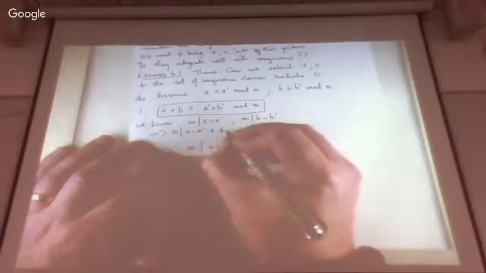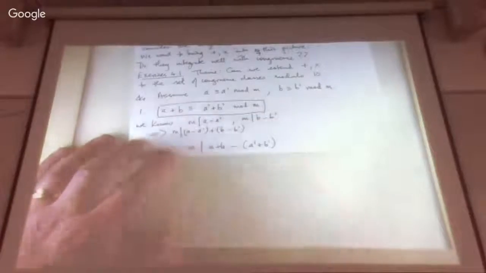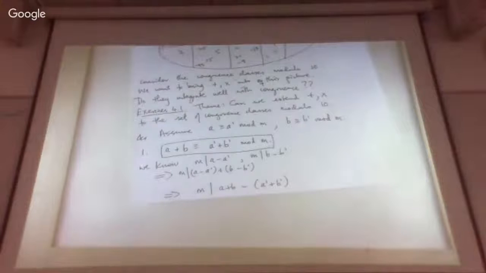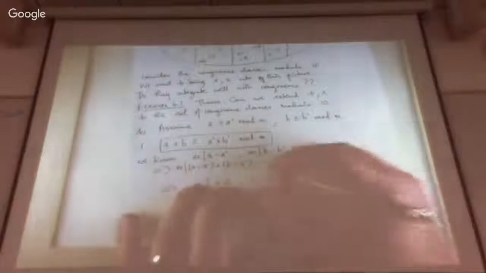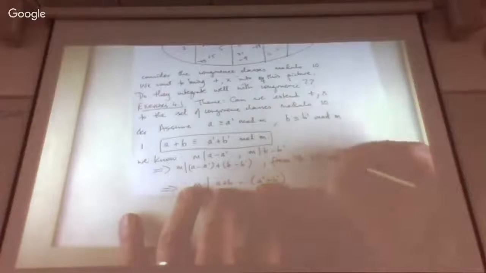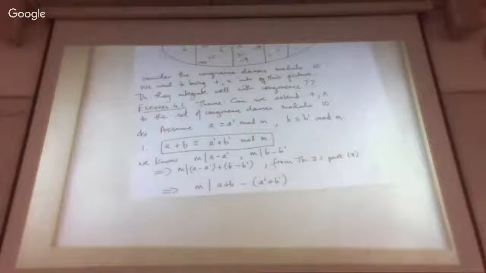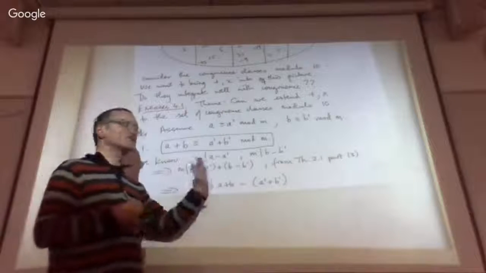And the linear combination I'm going to use is simply adding them together. That's one of the very first, well, very second or third properties of divisibility that we proved. That was all the way back in theorem 2.1, part 3, which said that if m divided two things, it divided any linear combination, with integer coefficients. Here I'm just taking a simple linear combination of just adding the two together.